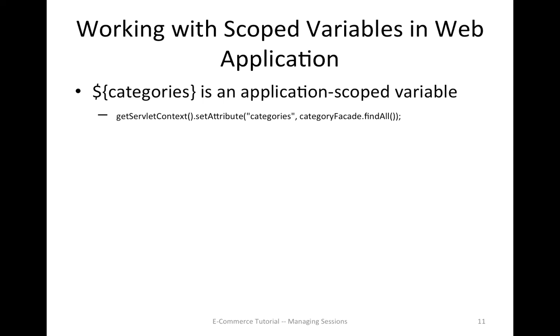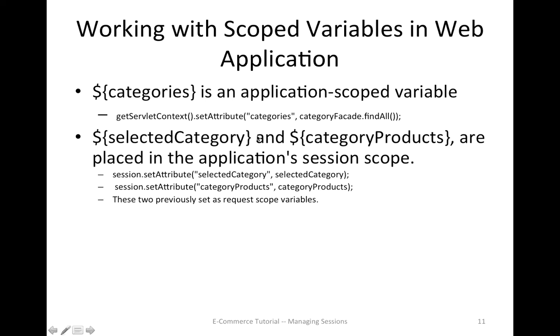For example, categories is an application scoped variable. How do I know? Because if you recall, we have getServletContext().setAttribute with categoryFacade.findAll. This line of code will be in your controller servlet class. We will examine it later, but based on this code, you know it's getServletContext().setAttribute, so this is an application scoped variable.